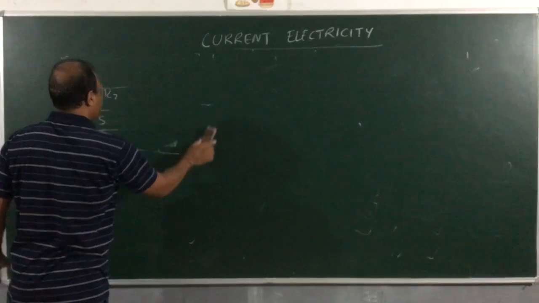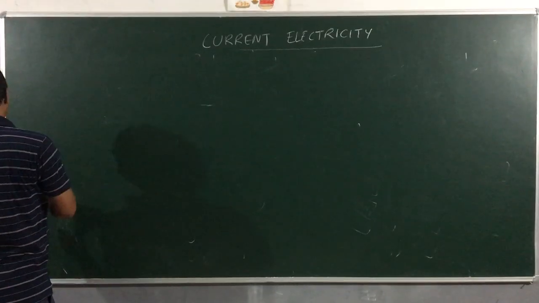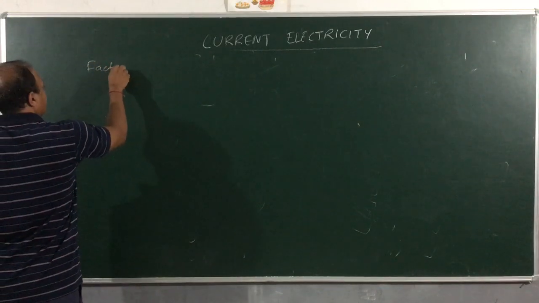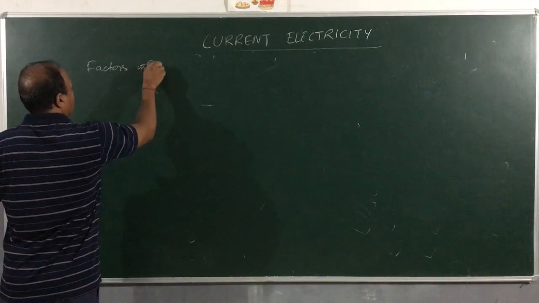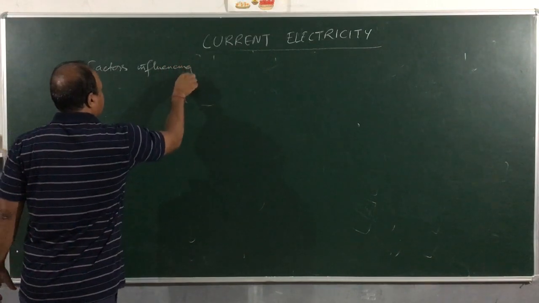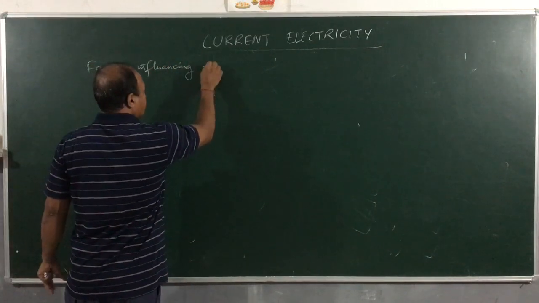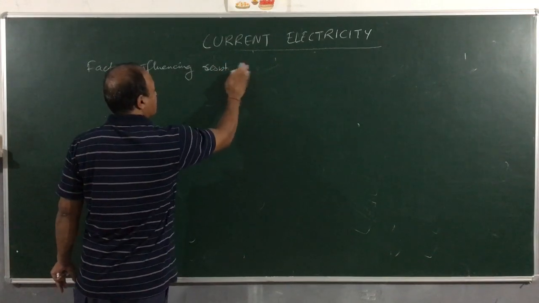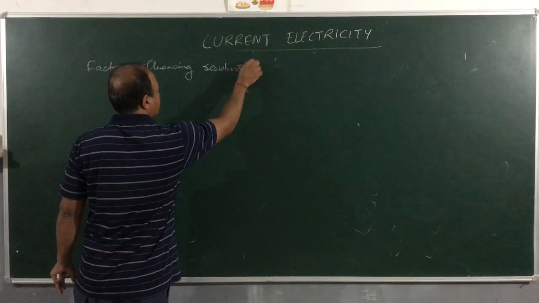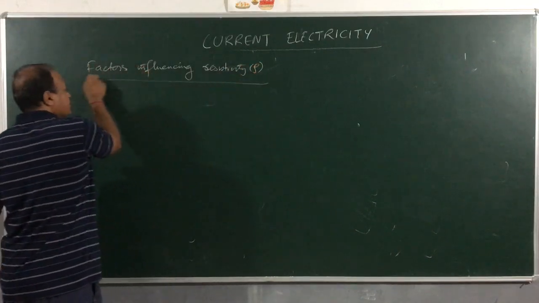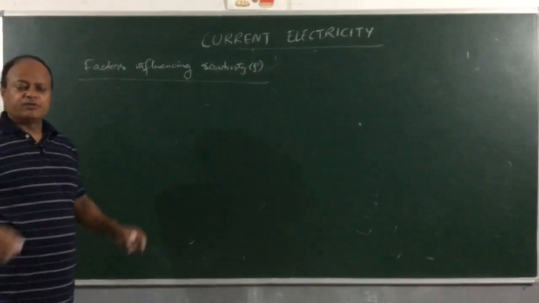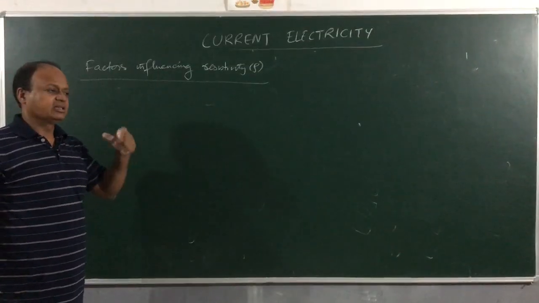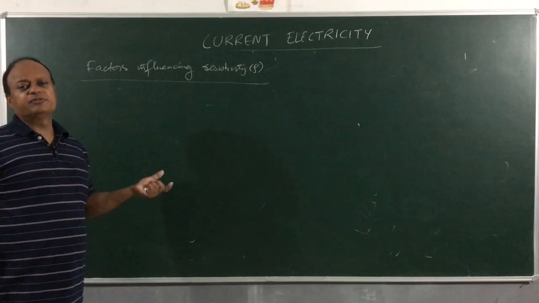Now, factors influencing resistivity, rho. It is interesting to know, for a given conductor, if I give you three conductors, suppose one is made up of silicon, the other is made up of copper, and the third is made of aluminum.